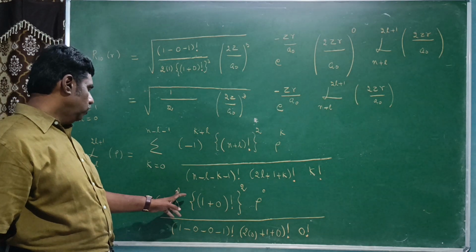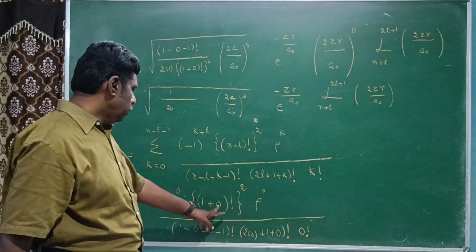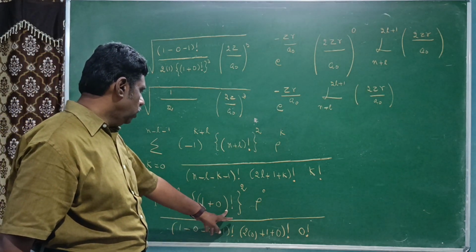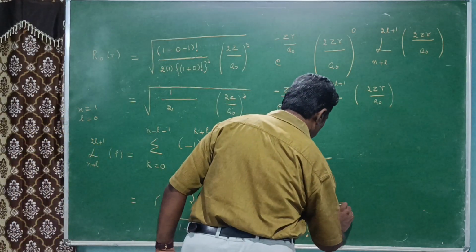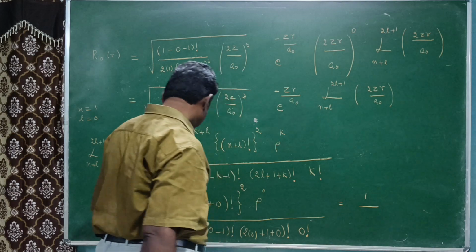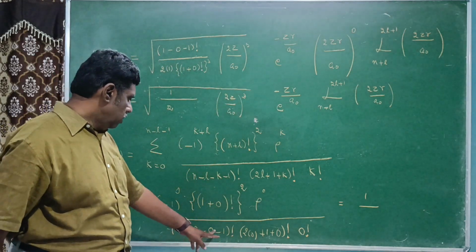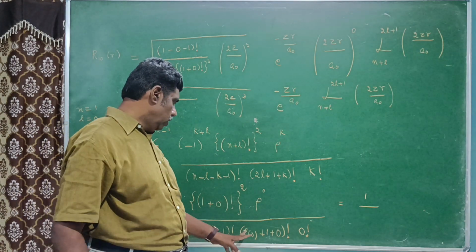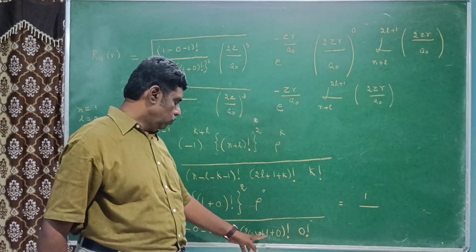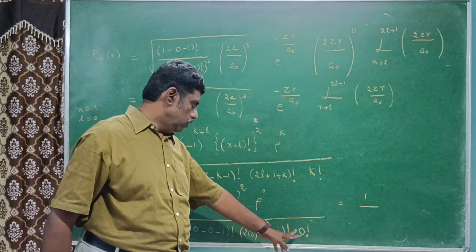See, minus 1 power 0 is 1. 1 plus 0 is 1, 1 factorial, 1 square is 1. Rho power 0 is 1. This is equal to 1 divided by 1 minus 1, 0 factorial, 0 factorial is 1. 2 into 0 is 0, 0 plus 1 is 1, 1 factorial is 1, 0 factorial is 1.